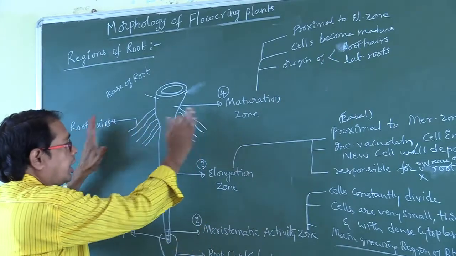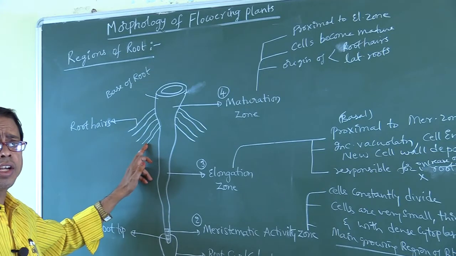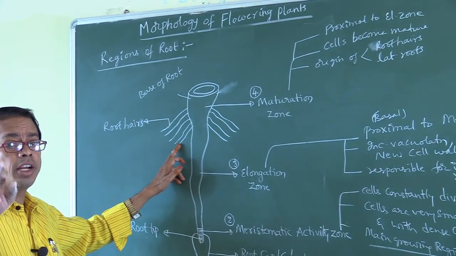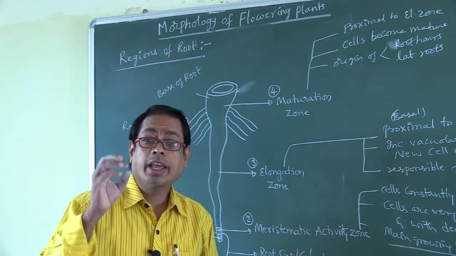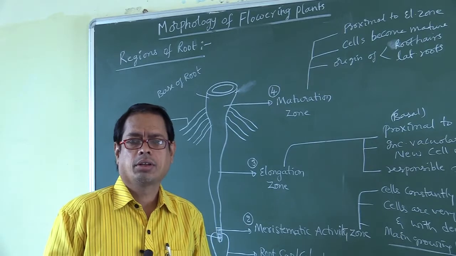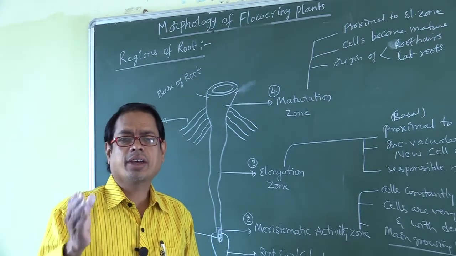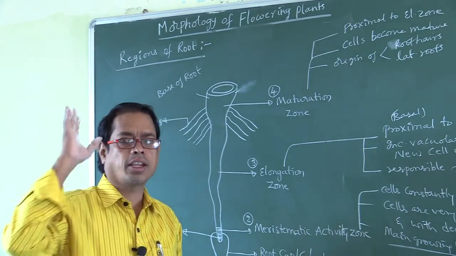In this zone only, root hairs are originated. Lateral roots are also originated in the maturation zone. Lateral roots are endogenous in origin because these are derived from the inner side of the root, that is, the pericycle.